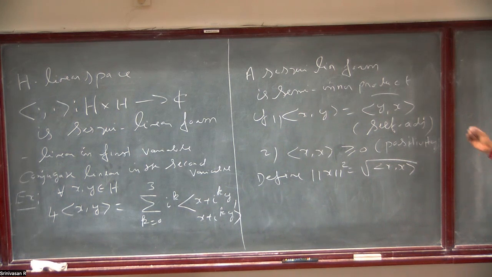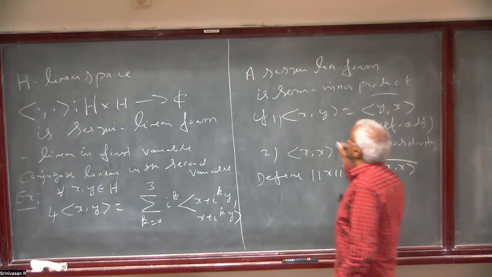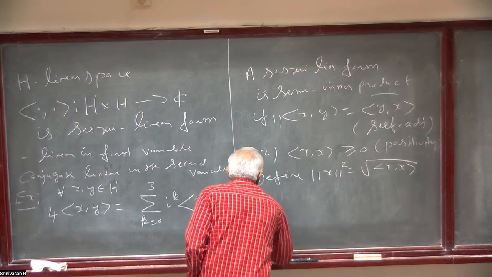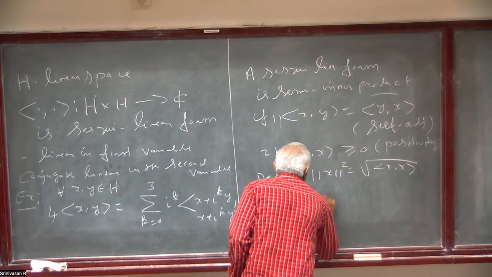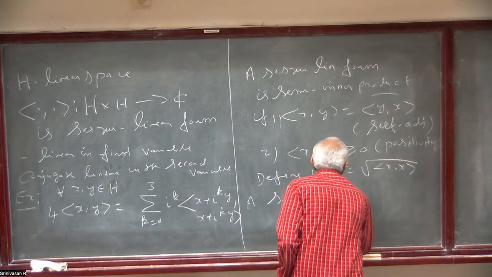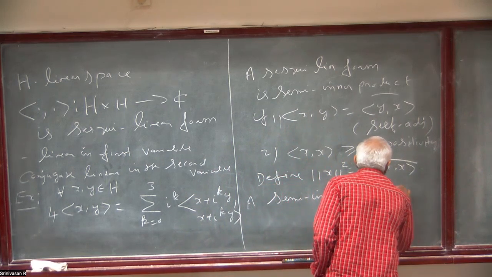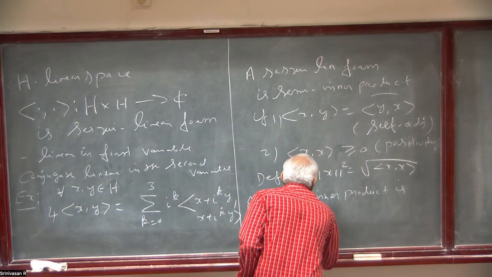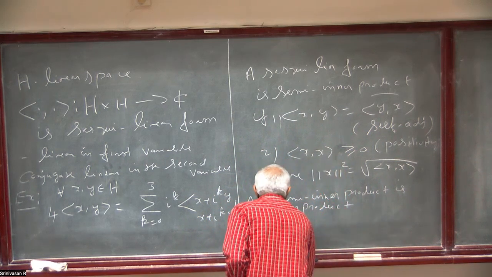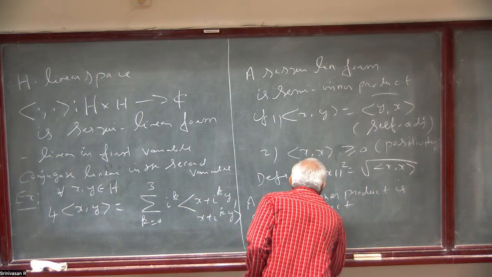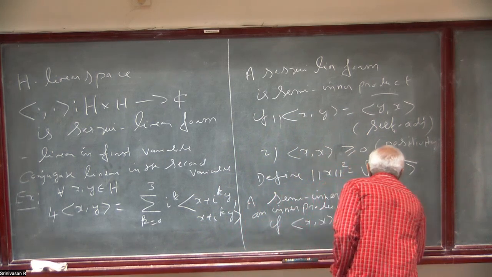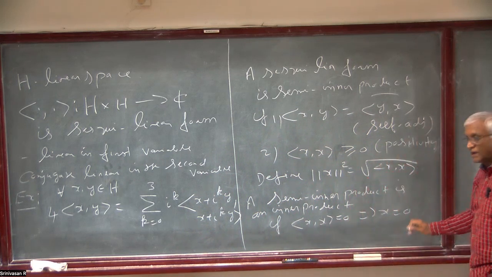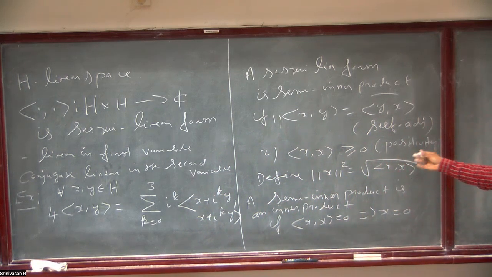The norm arising from the semi-inner product is called a semi-norm. Finally, a semi-inner product is an inner product if it is strictly positive, that is, if the norm of x equals 0 only for x equal to 0, and otherwise it is strictly positive. This is what is called an inner product.